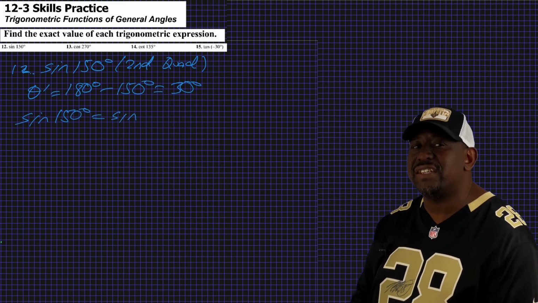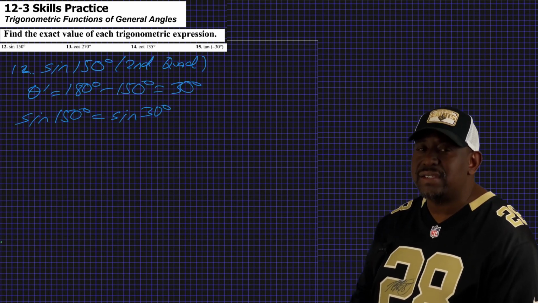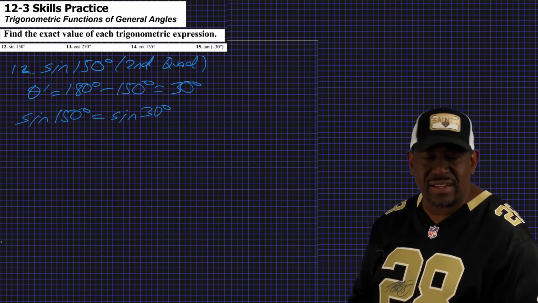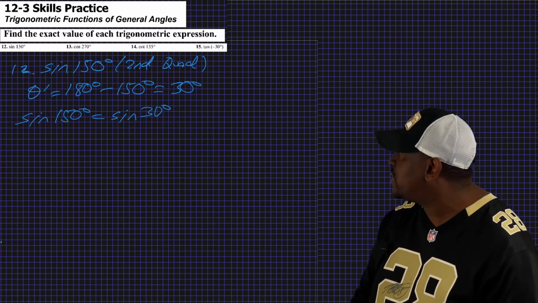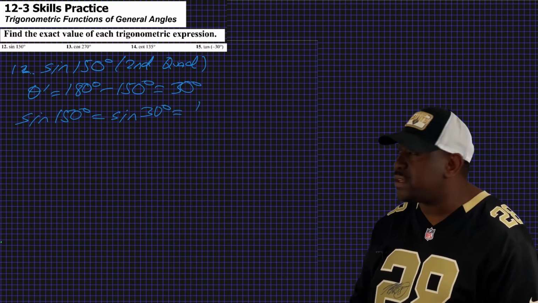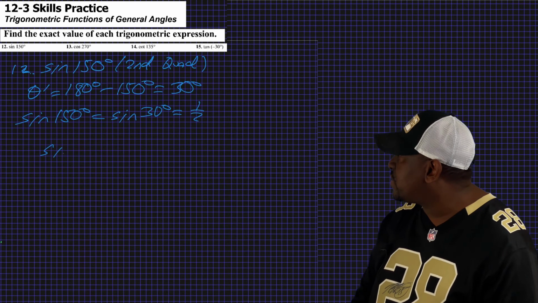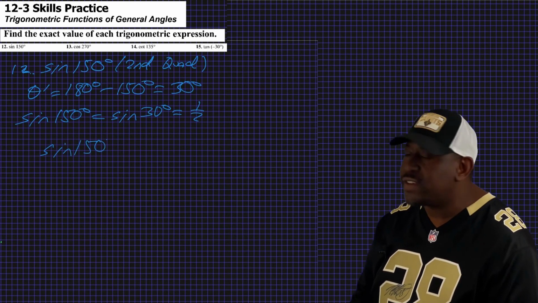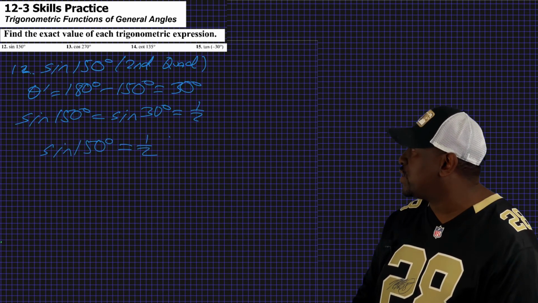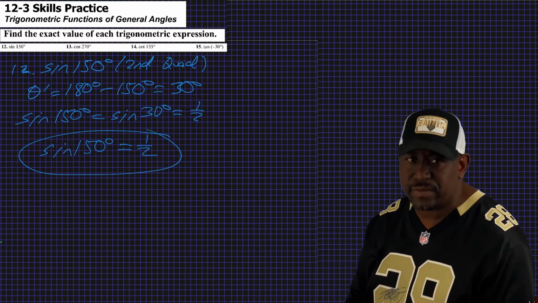Now since sine is positive in the second quadrant, the sine of sine, that kind of sounds repetitive, but the sine will be positive. So we find the sine of 30, we know that's equal to 1/2. So the sine of 150 degrees will also equal 1/2.